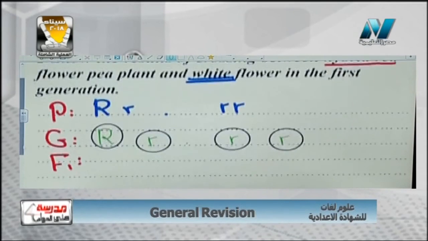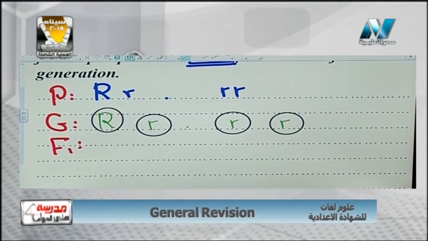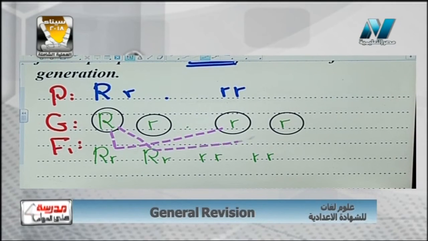Then F1: capital R with capital R, capital R small r, capital R small r, and small r small r. How? First with first, then first with second, then second with first, and then second with second.